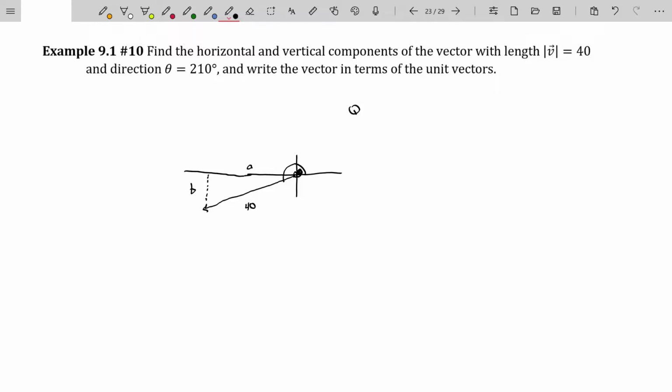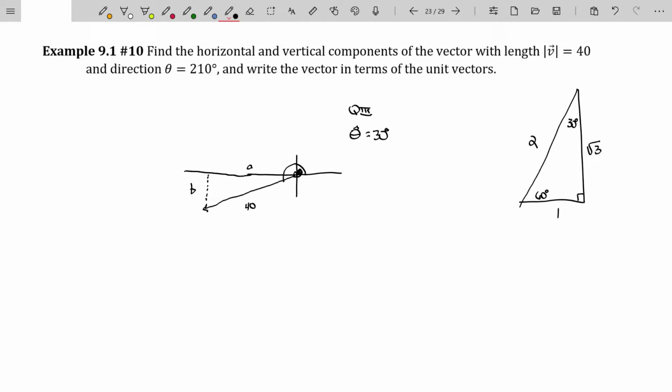You can easily see it's quadrant 3, and we know with 210 degrees, the reference angle, theta hat, is 30 degrees. So I'm going to go ahead and draw a 30, 60, 90 triangle, or you could just use sines and cosines if you want. Doesn't matter, honestly. It's 1, 2, root 3.